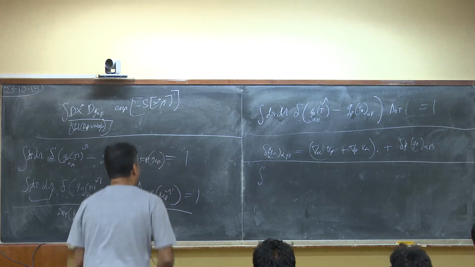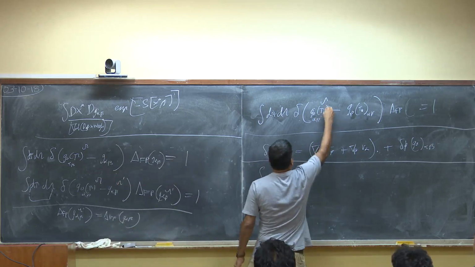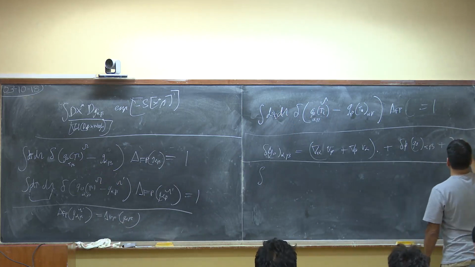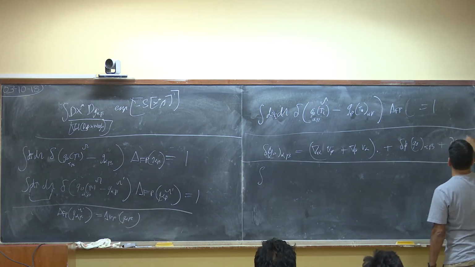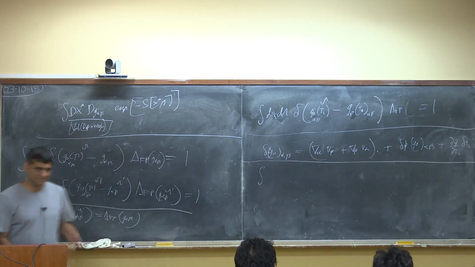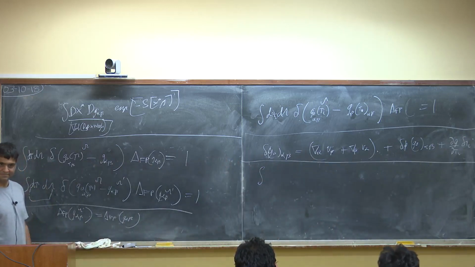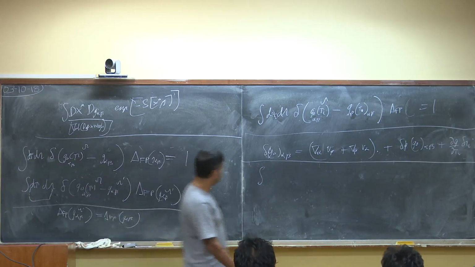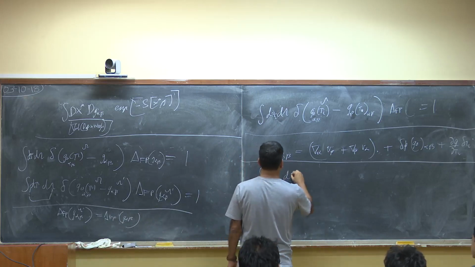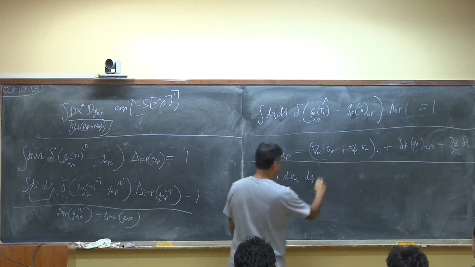Let's say there are some taus, tau I. So we get plus dG by d tau I, delta tau I. All good? We plug that in. So we have d tau I, d V alpha beta, d phi.